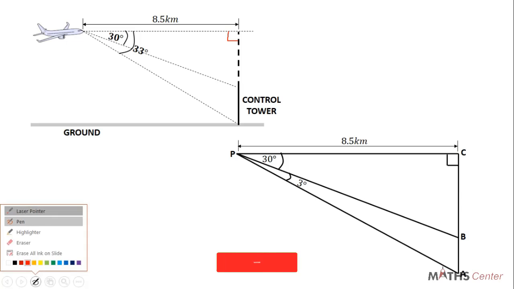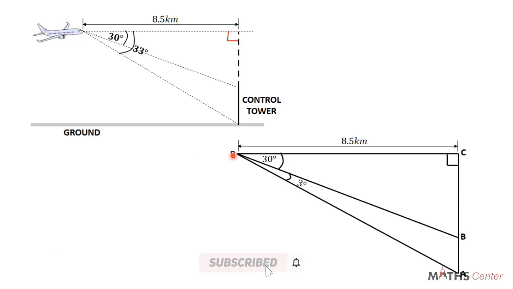I'm using the point P to represent the pilot. I'll call this point here point C. Now, this is the control tower. So I'll call the top of the control tower B and the bottom I'll call A. We know that from this horizontal line to this line is 30 degrees.